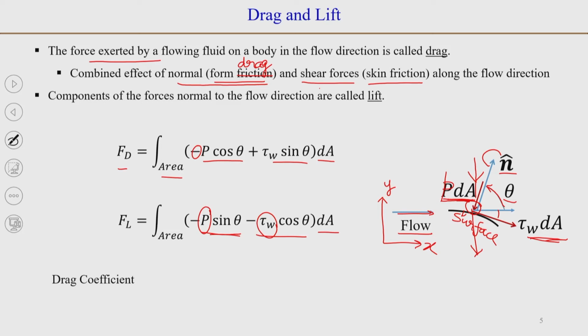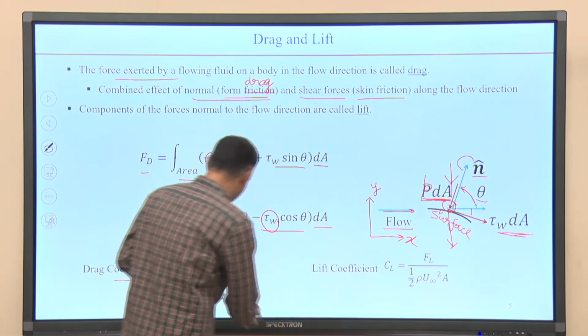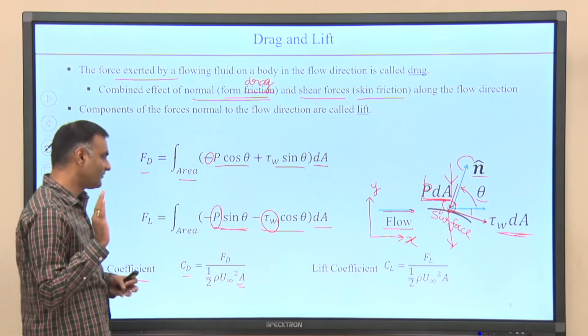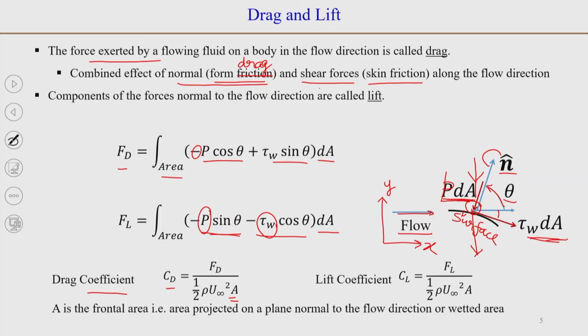So, the drag coefficient, or what we call C d, is F d by A divided by half rho u infinity squared, which is the dynamic pressure, and the lift coefficient C L is equal to F L divided by half rho u infinity squared A. Now, for most of the cases, this A will be the frontal area.